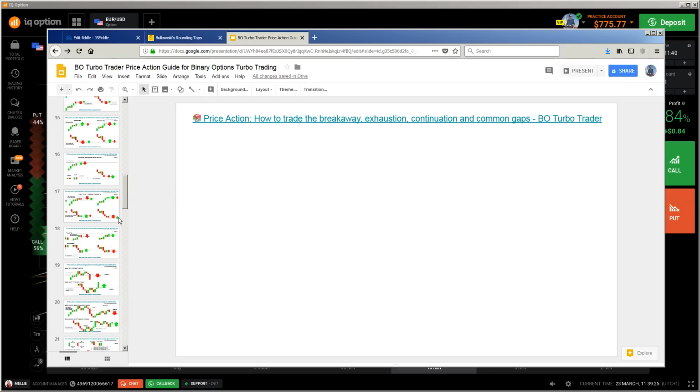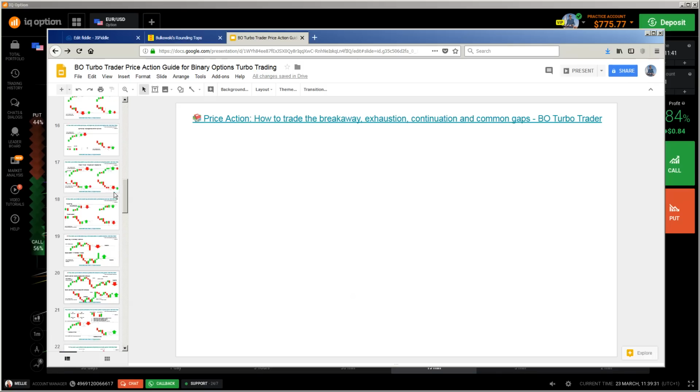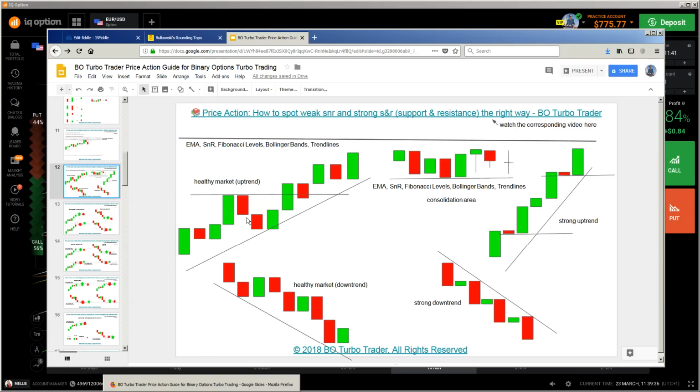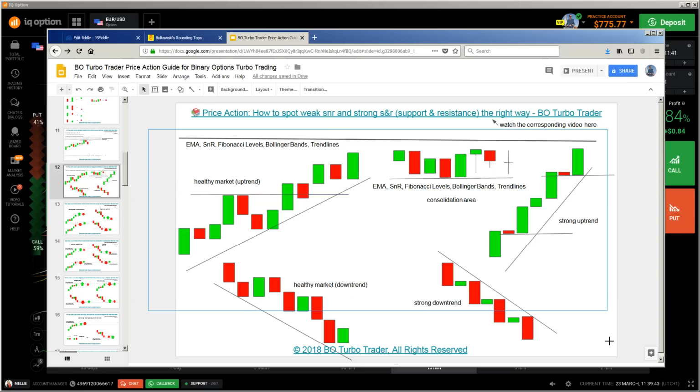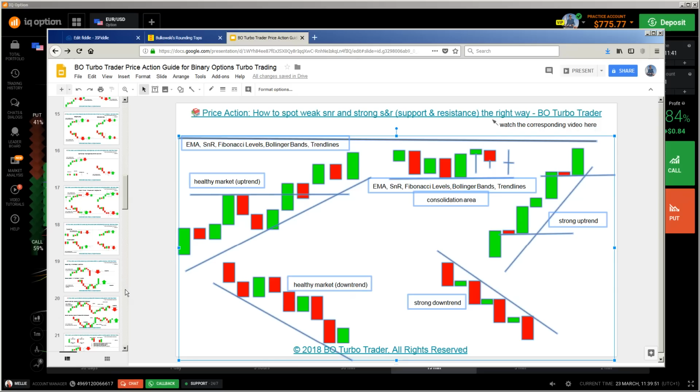I will create a chart now. I will copy this consolidation area, for example. This is good, this can be used here. I will copy everything and then use it, so we get it a little bit faster and I don't need to do everything from scratch.